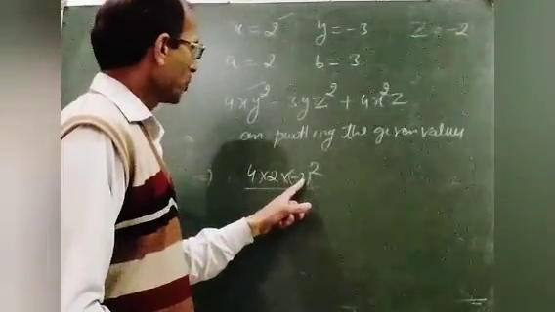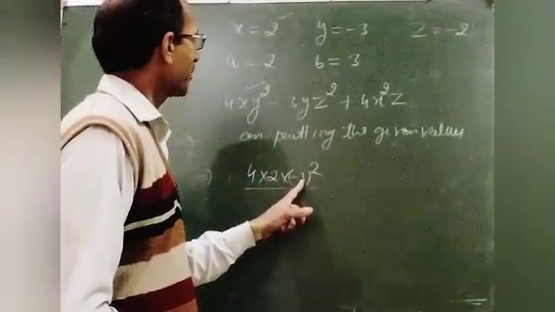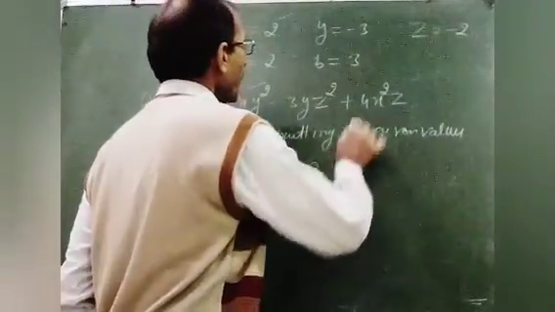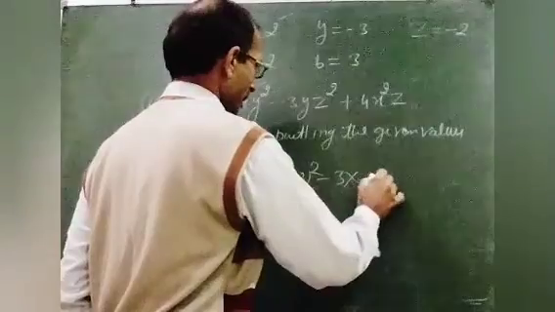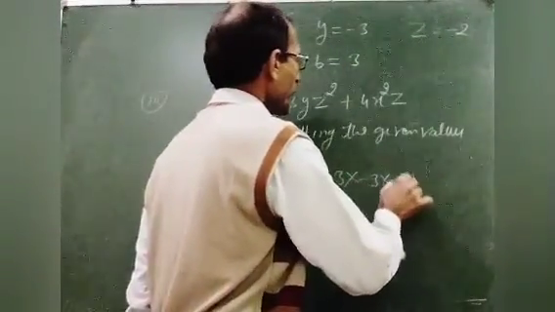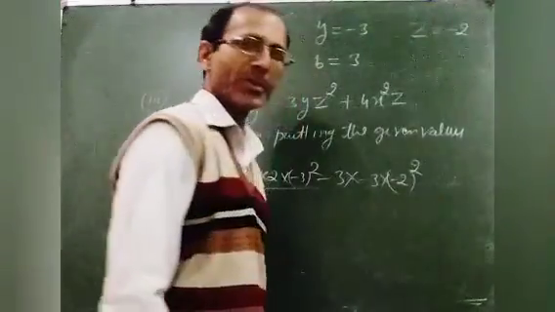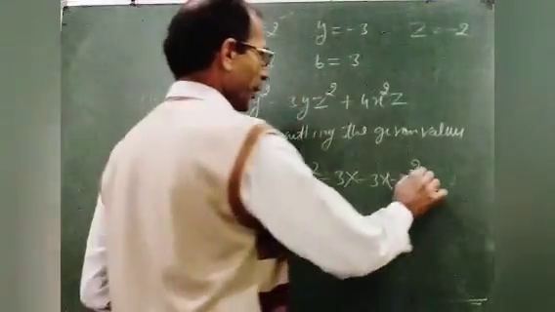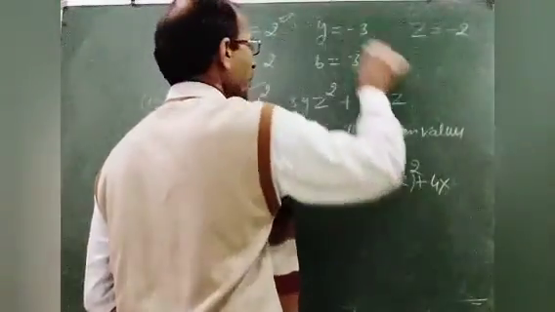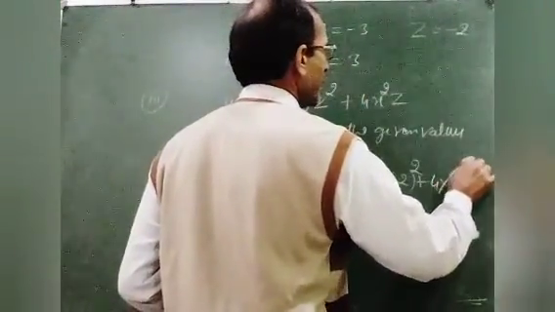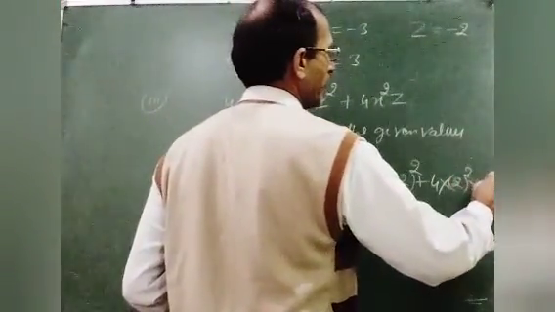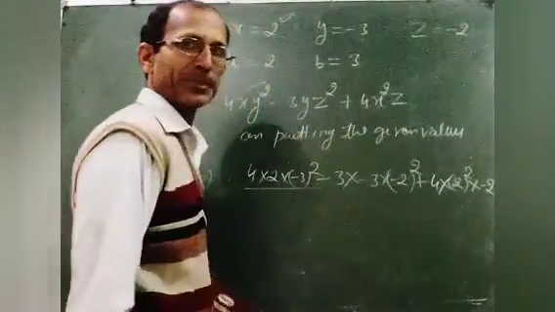Y is minus 3, so minus 3 square. Z is minus 2, so minus 2 square. Then 4, the value of x is 2, so 2 square, and the value of z is minus 2.